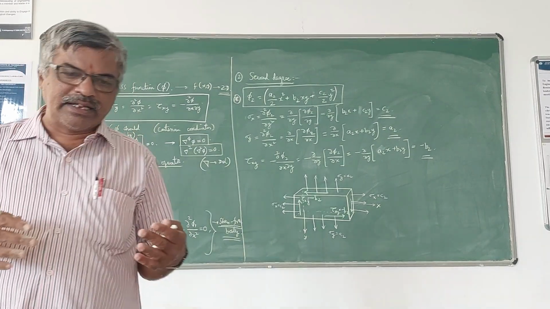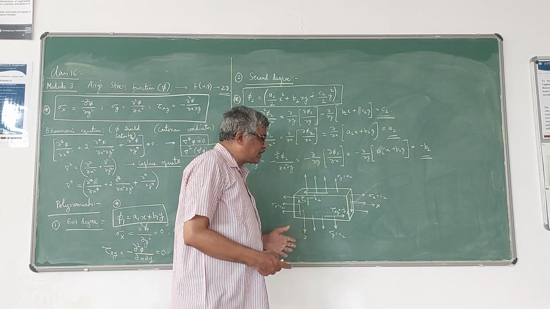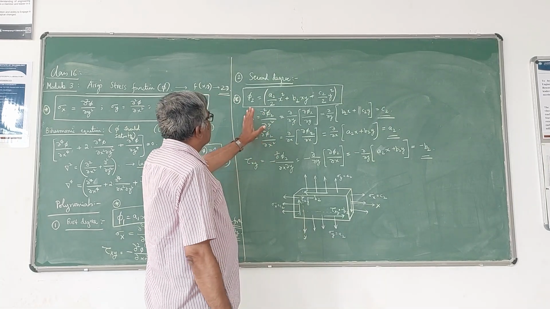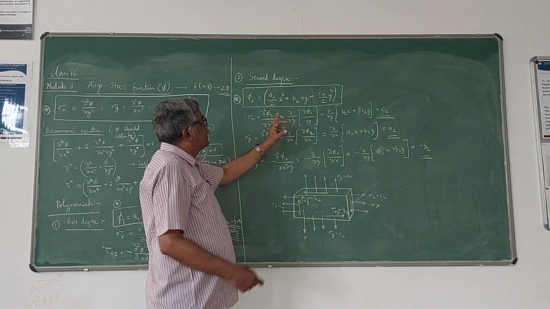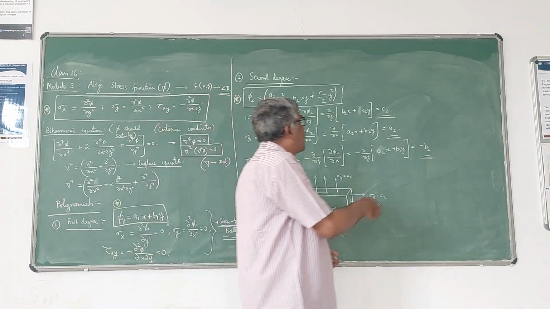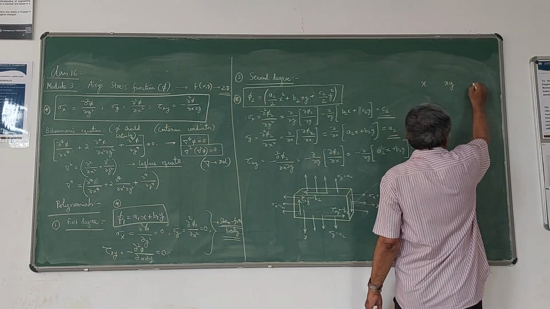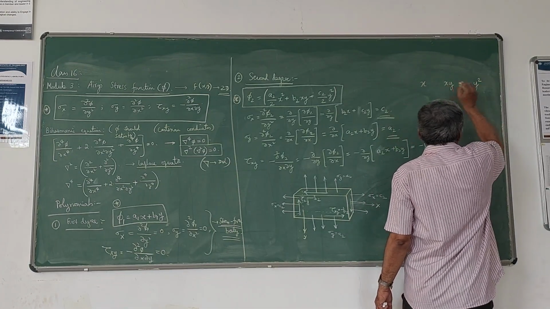If phi is a second degree polynomial, draw the stress distribution, they will ask like that. So that is what I am doing here. Please remember, the second degree polynomial should be like this.